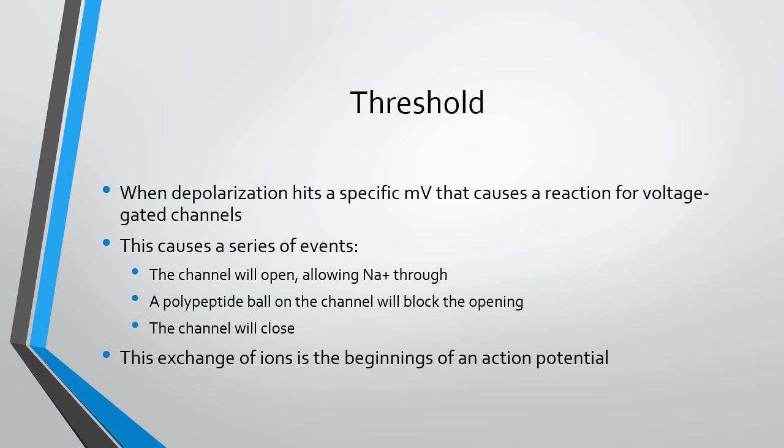This causes the cell to depolarize. Shortly after the gate opens, a special polypeptide ball blocks the opening to the channel, stopping the flow of sodium into the cell. The channel then closes off. All of this happens in a very short period of time.